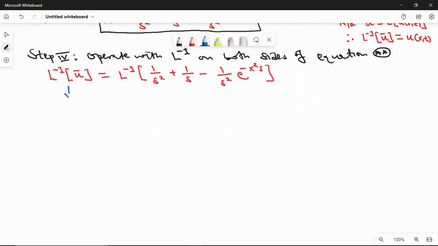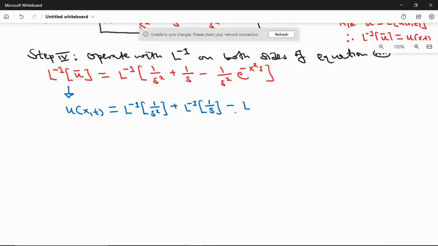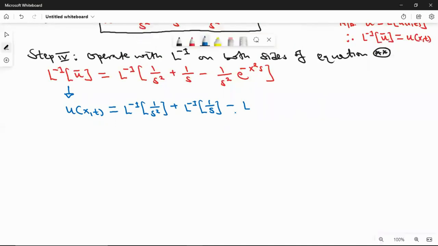So here we are going to get u of x, t equals L inverse of 1 over s squared plus L inverse of 1 over s minus L inverse of 1 over s squared times exponential negative x squared s.